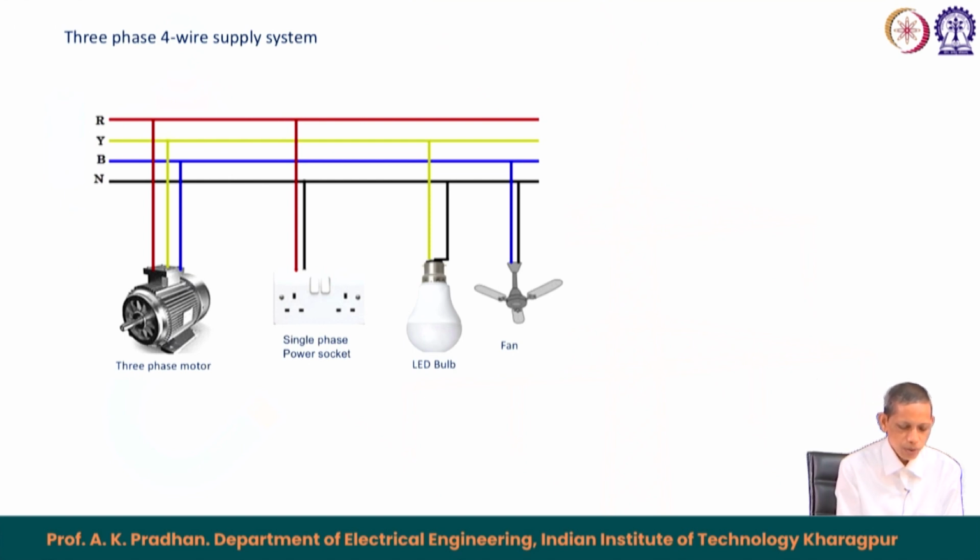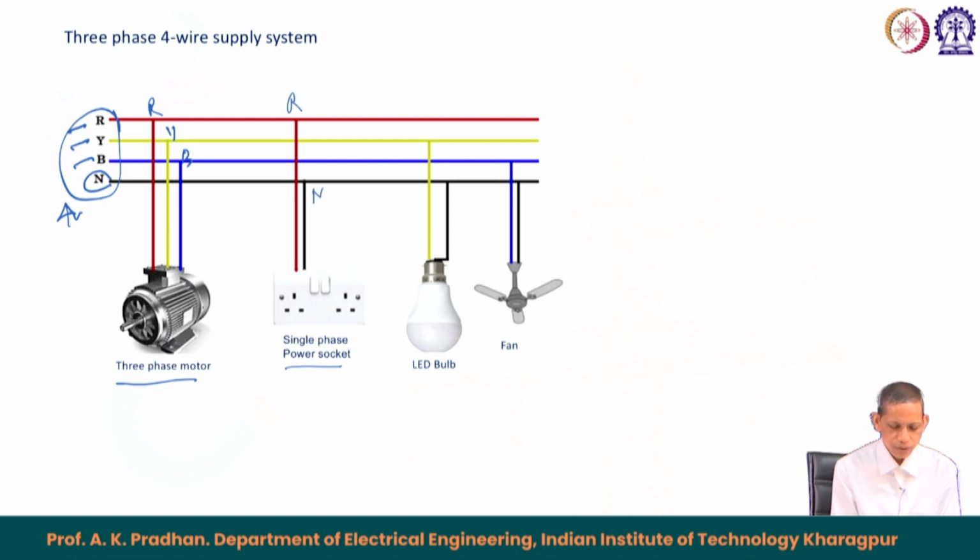In the 3 phase 4 wire system, as I said, there are red phase, yellow phase, blue phase and the neutral, so 4 wires are there. This is a 3 phase induction motor. It is connected to all the R, Y and B phase conductors, not to the neutral. This is a single phase power socket, connected to the R phase and to the neutral.